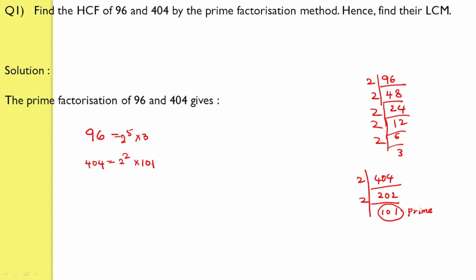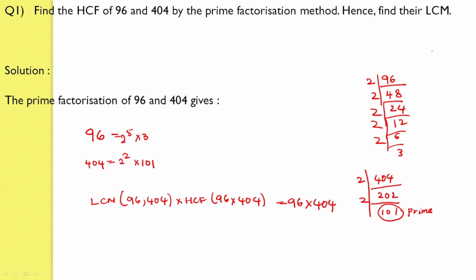And remember, in the previous slide we discussed that HCF multiplied by LCM of any two numbers is the product of the two numbers. So LCM of 96, 404 multiplied by HCF of 96 and 404 is the product of the numbers, that is 96 multiplied by 404.